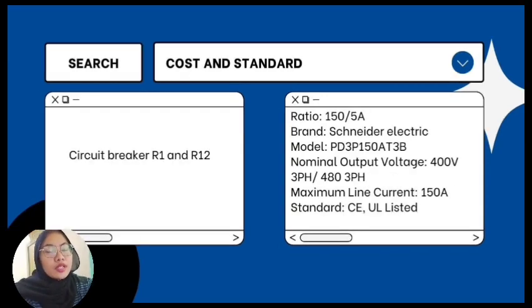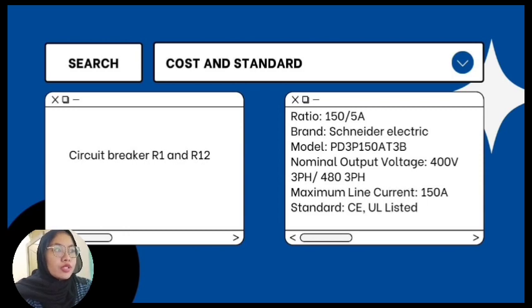For the next equipment, it will be circuit breaker. It has a group of 4, which is R1 and R12, R21 and R23, R32 and R34, and R43 and R4. For R1 and R12, the ratio is 150 over 5 ampere.